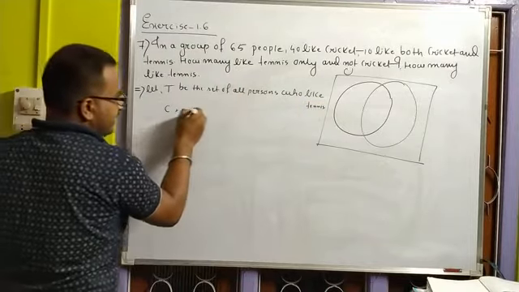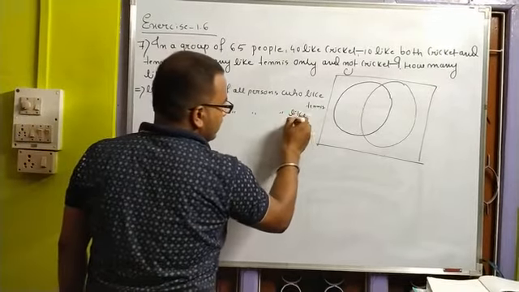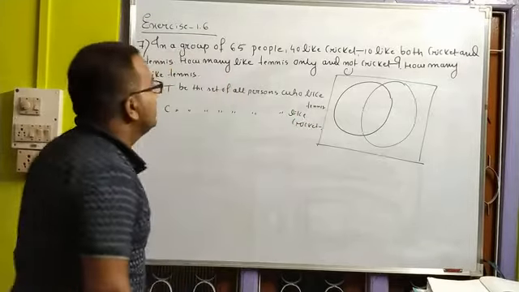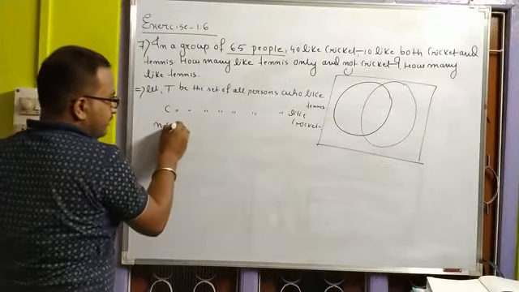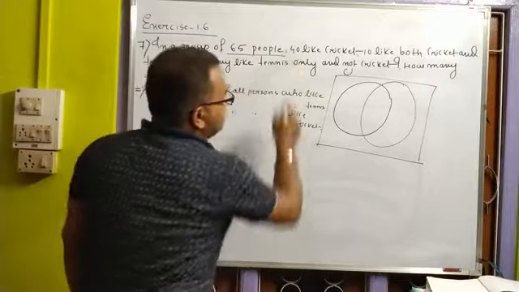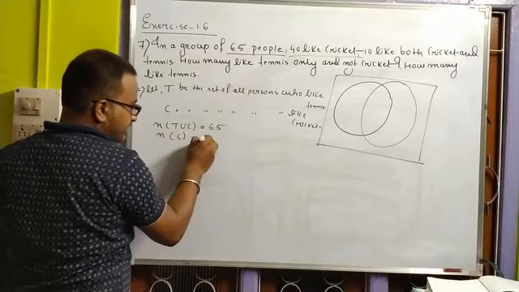And C be the set of all persons who like cricket, right? So in a group of 65 people, that means the number of T union C equals 65. So 40 like cricket, that means the number of elements of the set C is 40.